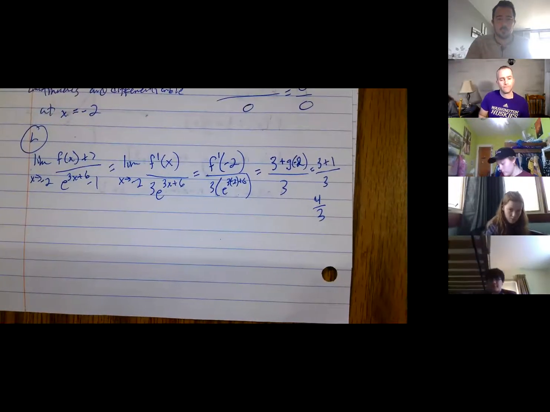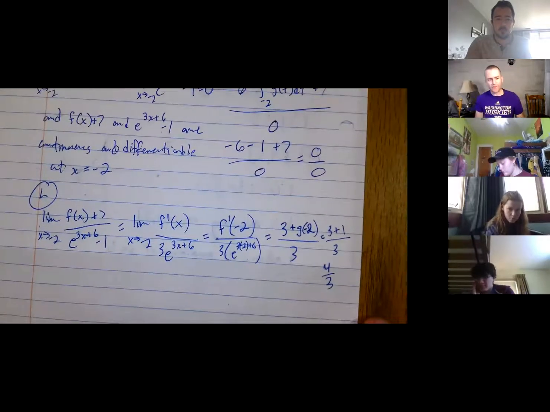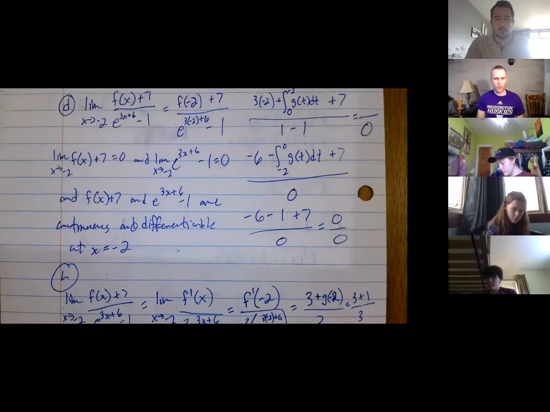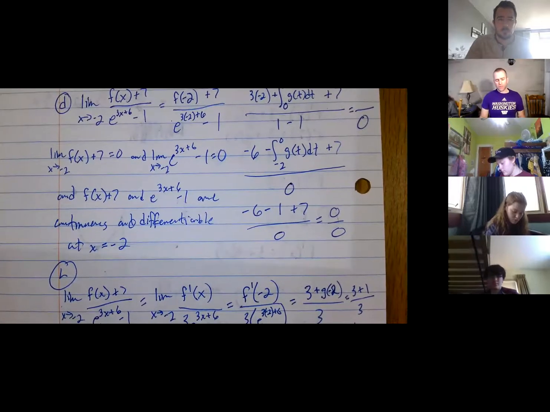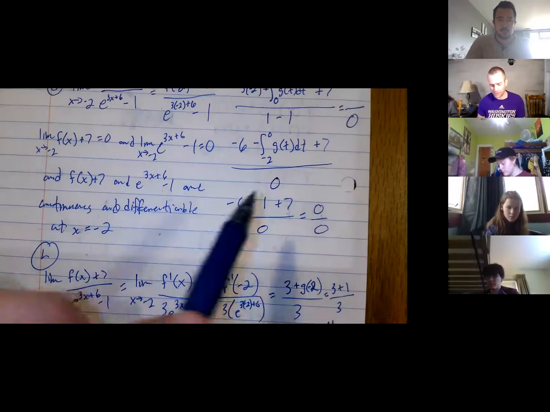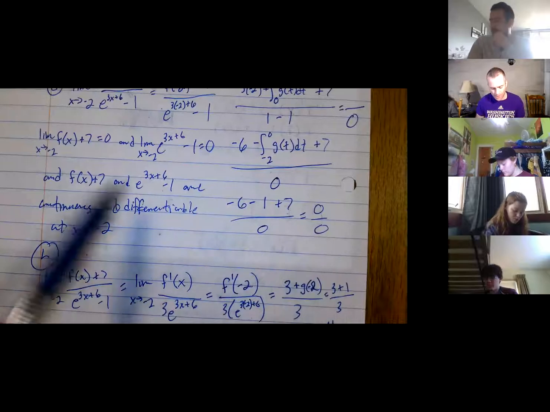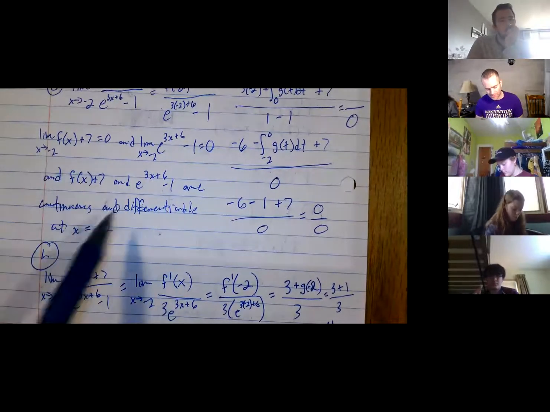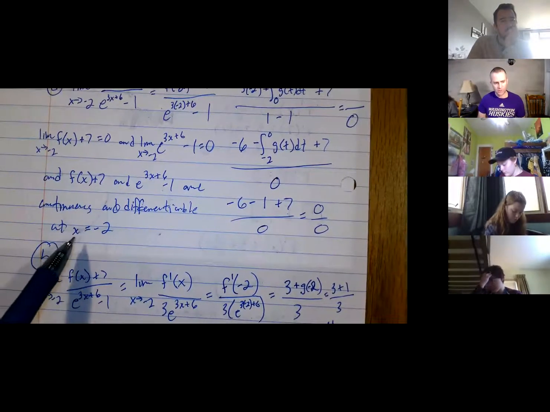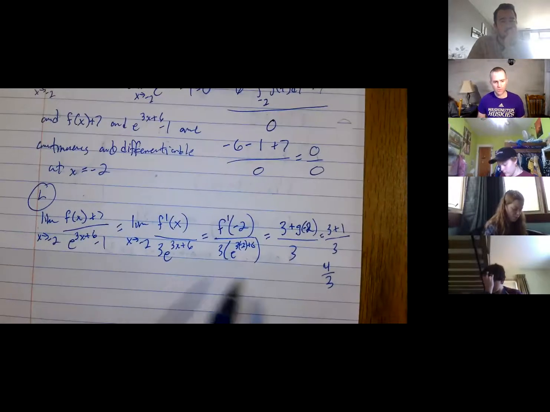There we go. There's kind of a lot of work that I did there, but really most of that work was just showing that this was 0 over 0, and then making these statements so that I justify the use of L'Hopital's rule, and then using L'Hopital's rule and simplifying, right?